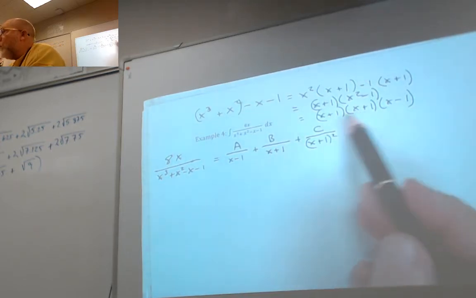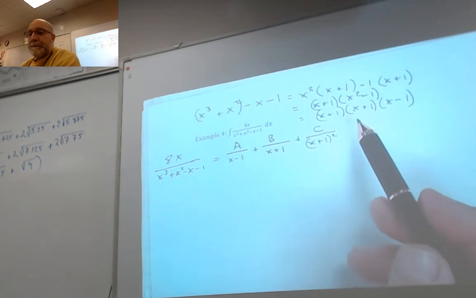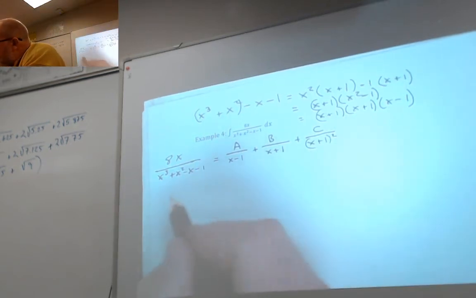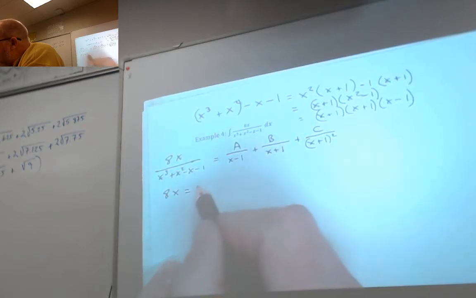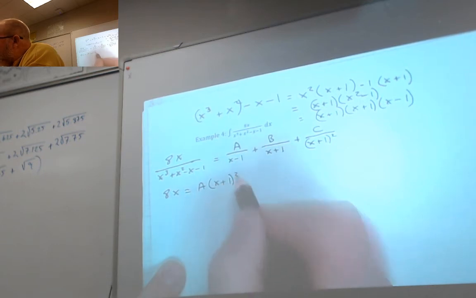Because this one squared, it's going to take 2. All right? So that means 8x, this numerator, is going to be a times x plus 1, the quantity squared.